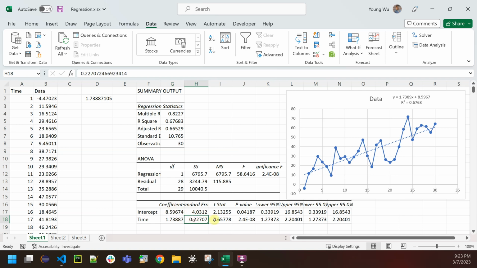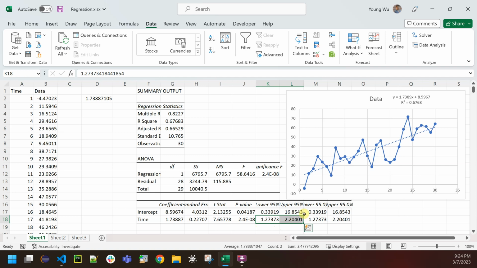The standard error and t-stat, they are not important, and the other two important numbers are these two, the lower 95% confidence bound and upper bound. So what it means is with 95% confidence, the trend or the slope is between 1.27 and 2.2.